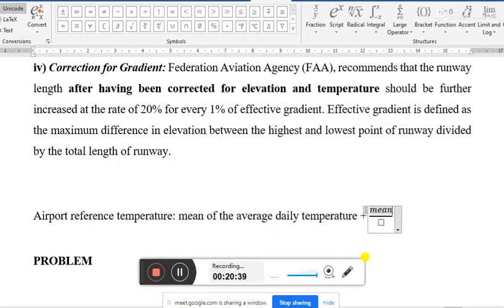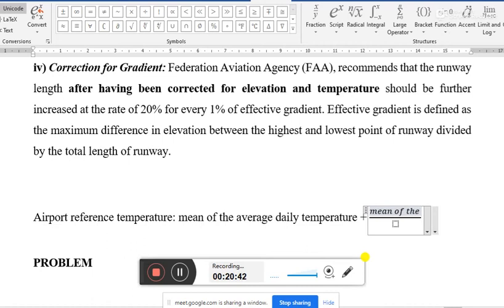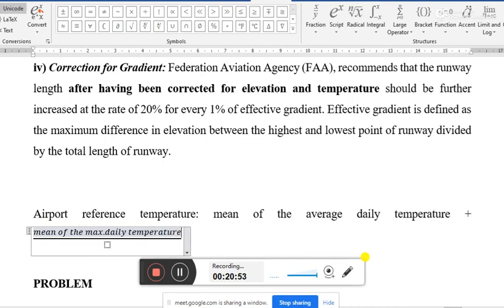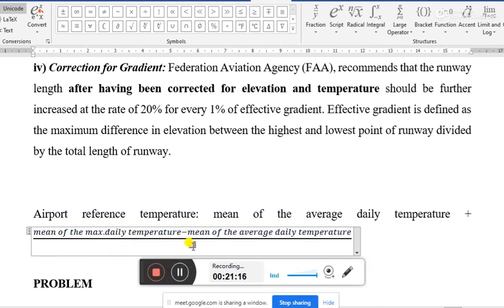Mean maximum daily temperature minus mean of the average daily temperature, divided by 3.